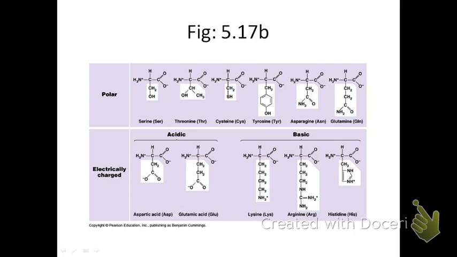Individual amino acids, or monomers, are bonded together by a covalent bond called a peptide bond. An amine end of one amino acid is positioned to combine with the carboxyl end of another. So if we look here, you've got your amine end, the NH3, or the NH2. In this case, it's the NH3.